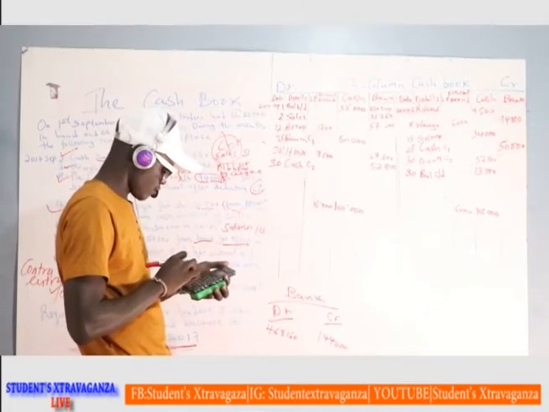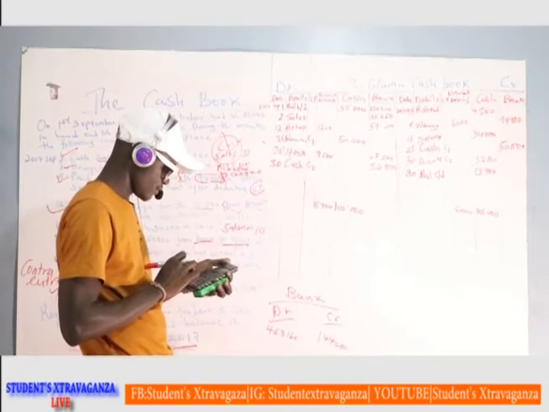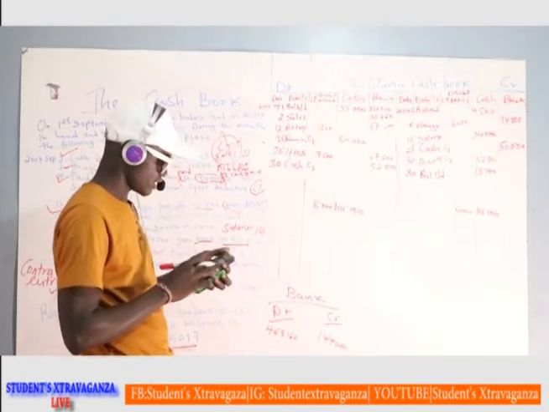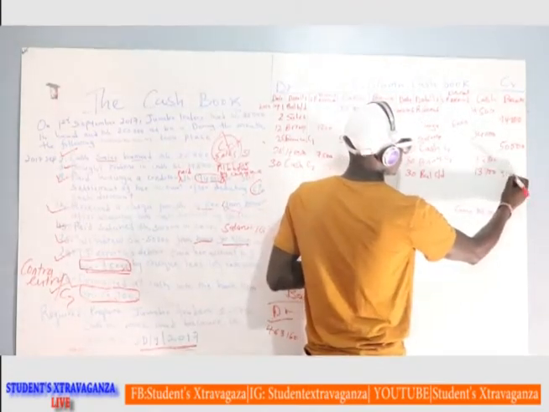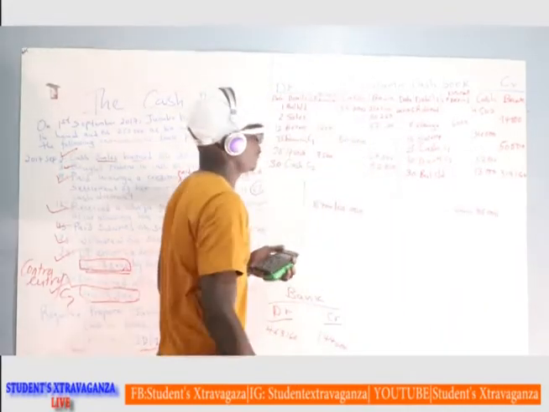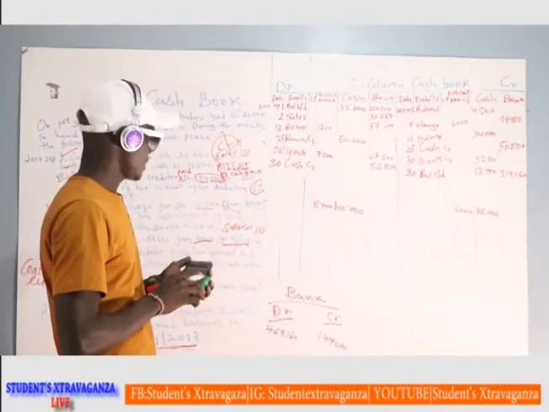Let's see, 463,160 minus 144,000. We have 319,160. So 319,160 on the bank account side as balance carried down.